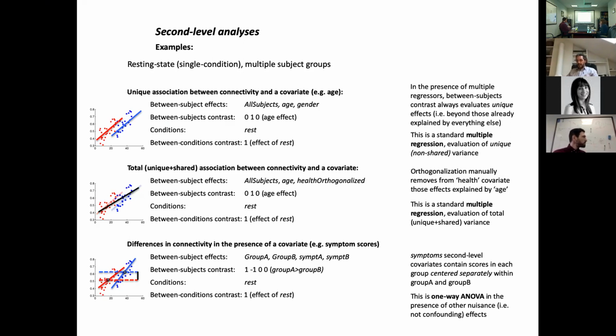So I think if we go through an example, we talk about things like wanting to remove the effect of motion. But we also want to look at a correlation with motion, but just remove that effect.